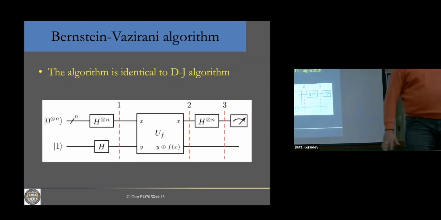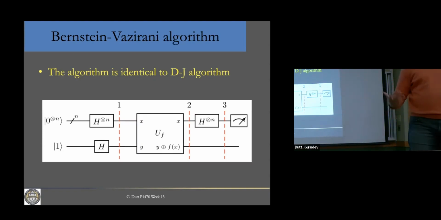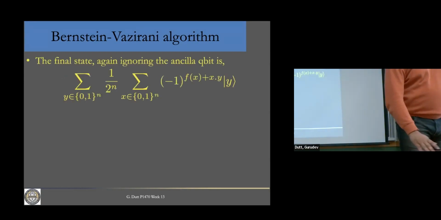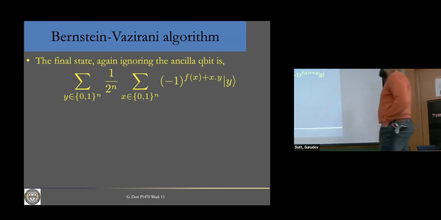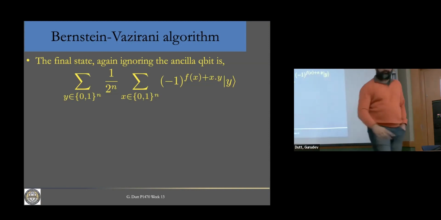The algorithm is identical to the Deutsch-Jozsa algorithm, so no changes there. Ignoring the ancilla qubit, this is the state in the Deutsch-Jozsa problem. In this expression, f of x plus x dot y, we now just replace f of x with s dot x.